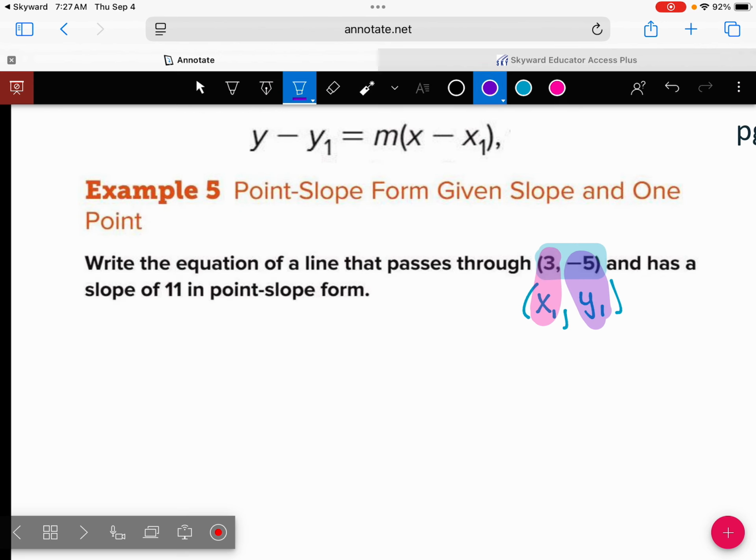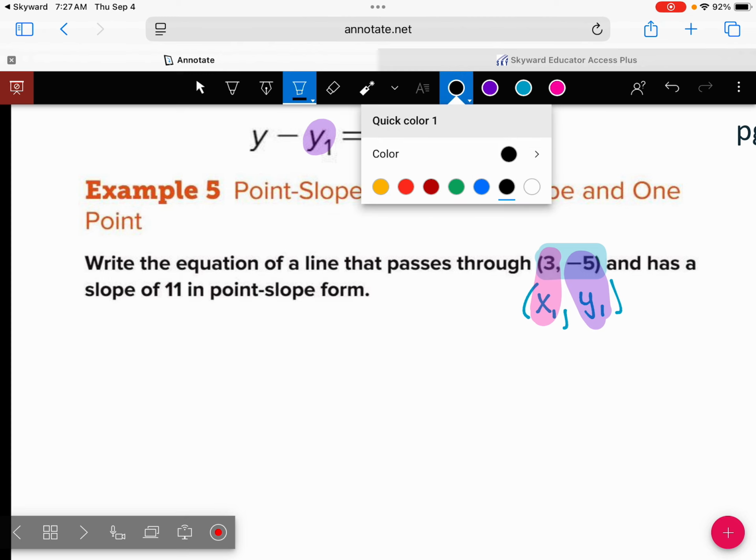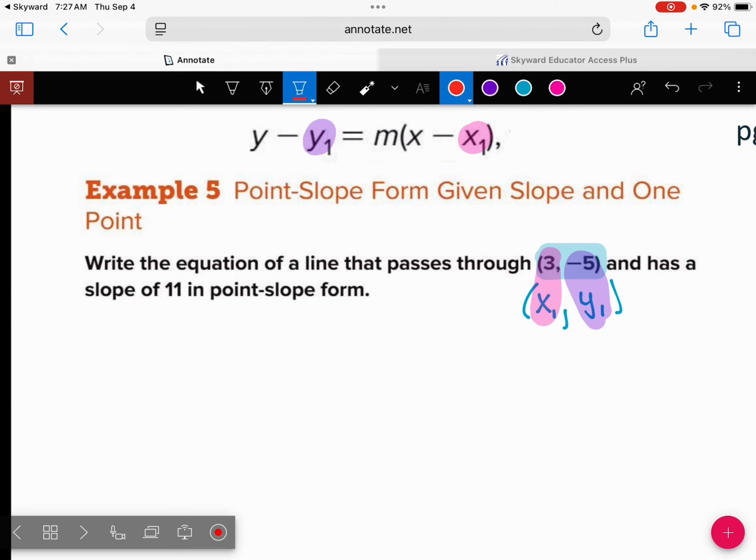So in my equation, I can substitute those pieces in. My y1 goes over here, and my x1 goes over here. The other piece we need to include is the m. We have a slope of 11. That guy's my m. So when we go to fill in this equation, what we're going to have is our y minus our y1, the y value from our point, which was that -5.